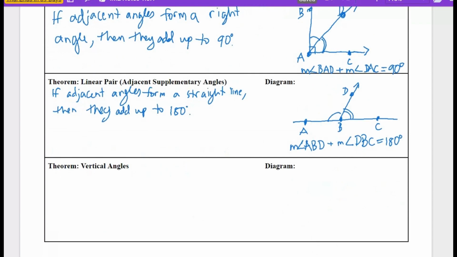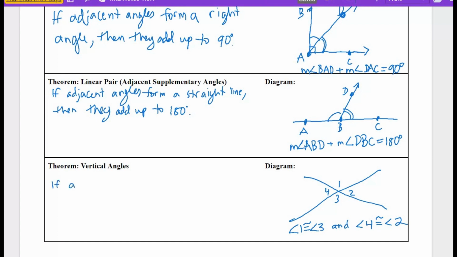Our last theorem is about vertical angles. Suppose we have angles 1, 2, 3, and 4. The vertical angles will be congruent to one another. Angle 1 is congruent to angle 3, and angle 4 is congruent to angle 2.